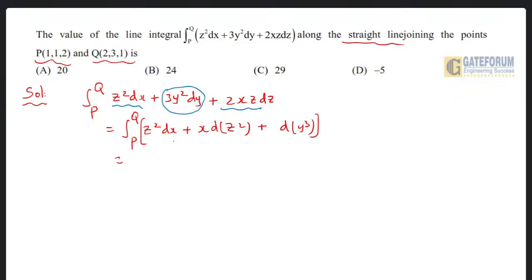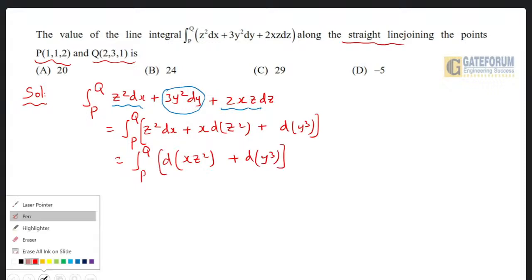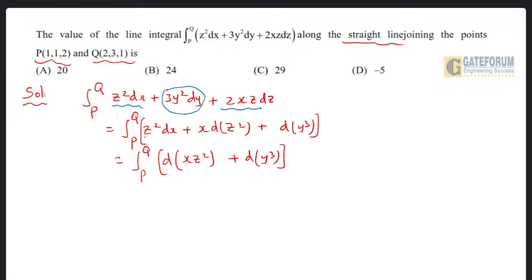Now these first two terms look like z square into the x derivative plus x into the z square derivative. That is the UV rule, the product rule of differentiation. So this is p to q derivative of x into z square. And this is already the derivative of y cube. Just see this term, this term.